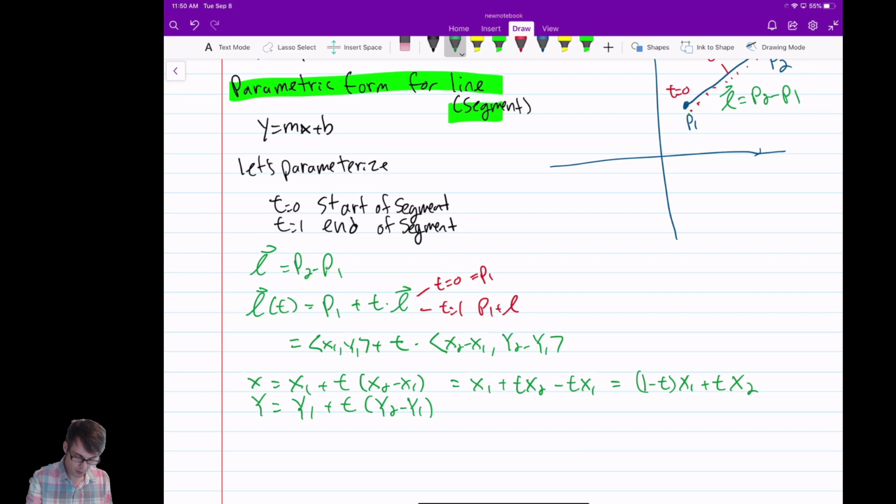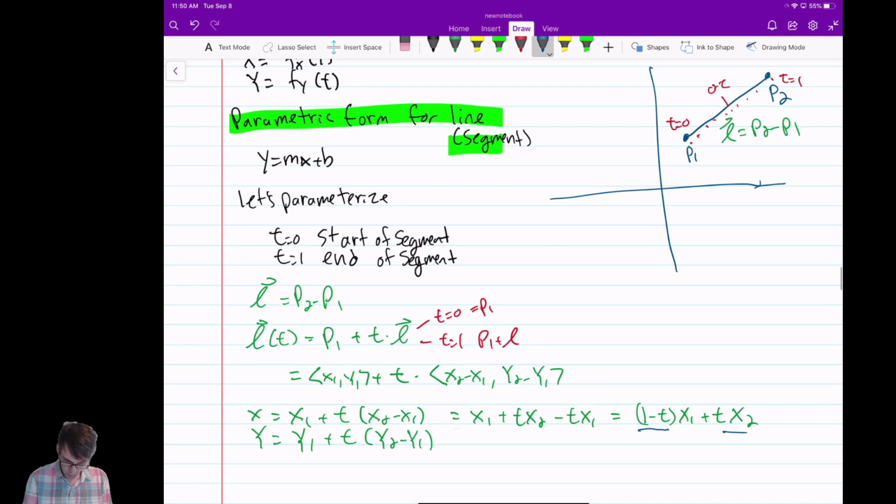This form is popular because you get t times x2, which is my second point, and then 1 minus t times x1. So at the beginning when t is 0, I get no x2 and all of x1. Bam, all of x1. And as t increases, the proportion of x1 that I'm using blends out, and I'm blending in towards x2. And it just happens that it comes straight across the line. So this is called linear interpolation, and we'll come back to that later.